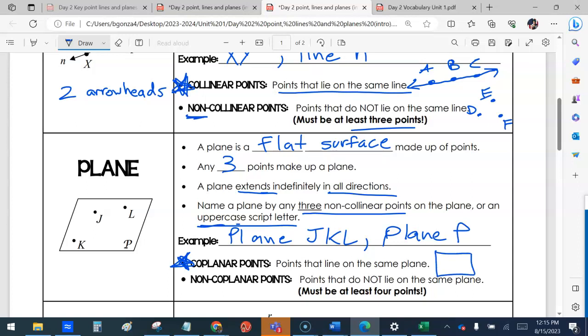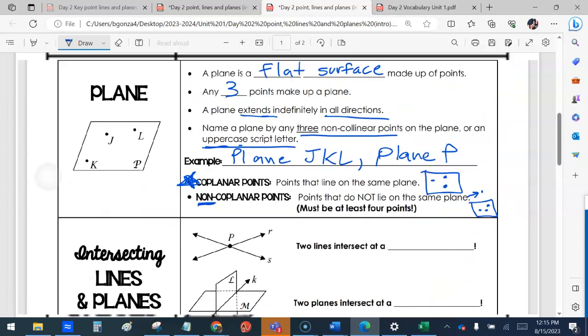Like if I have a plane, dot, dot, dot, those are coplanar, right? Points that do not lie on the same plane are non-coplanar. It could be like this, dot, dot, and then one's out here. Cool.